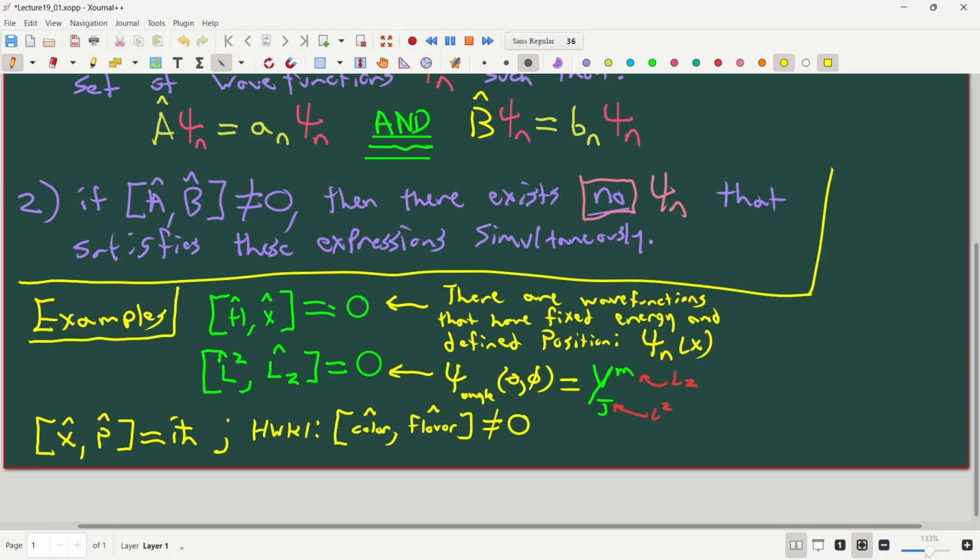But it's not equal to 0, and you saw this. When you define the color of your system, then measure the flavor, and then measure the color after, you've lost information about color. Your white electron goes into the flavor box and comes out a white plus black. And this necessarily implies that color and flavor operators do not commute. We can't have a wave function for our electron that allows us to define both the color and flavor simultaneously.